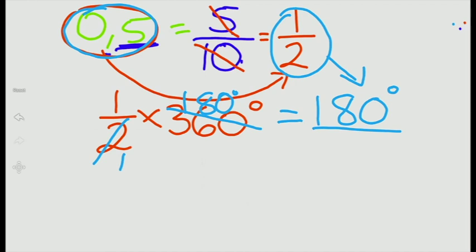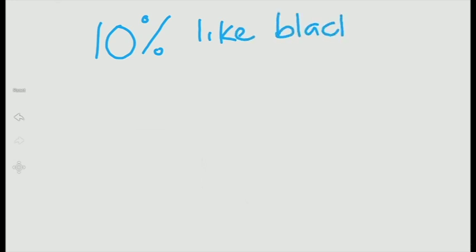Some other times, we use percentage to represent certain items. Let's say they say 10% of a certain class like the color black. That doesn't mean that 10 pupils like black.